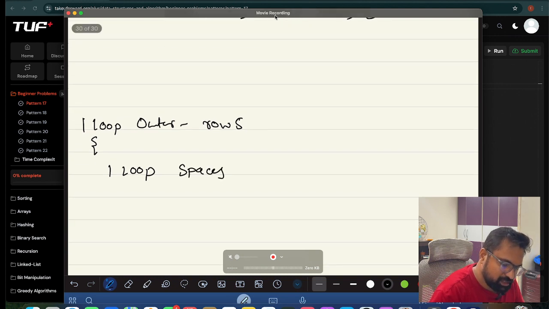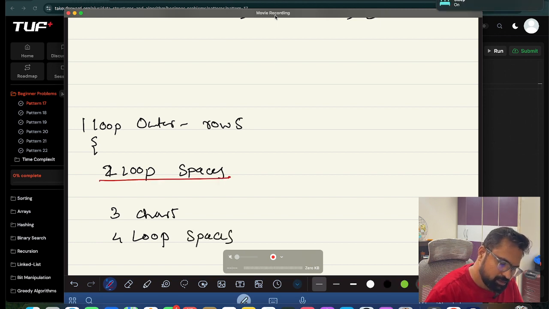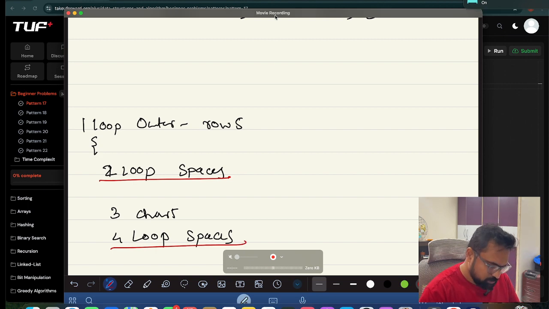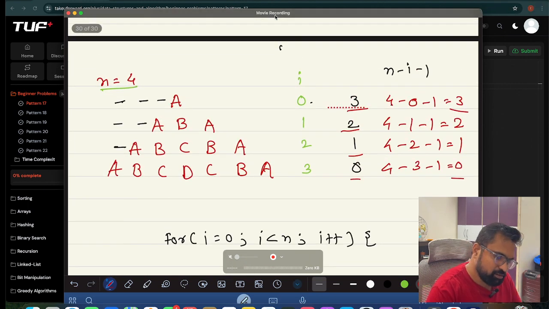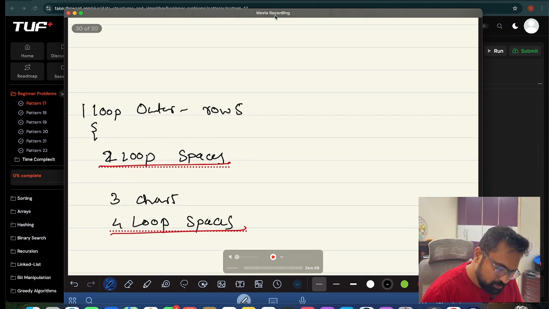This is actually the second loop overall. The third loop will print characters, and the fourth loop is similar to the spaces loop. These two loops will be similar because the number of spaces used here are also similar: 3, 2 and 1. Okay, so till now it is clear.